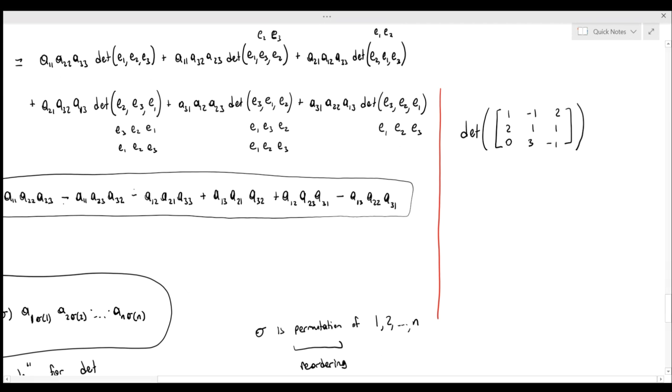So if I try to compute the determinant of this 3 by 3 matrix using the big formula here, this A11, A22, A33, that would be the product of these three entries. So that's going to be -1.